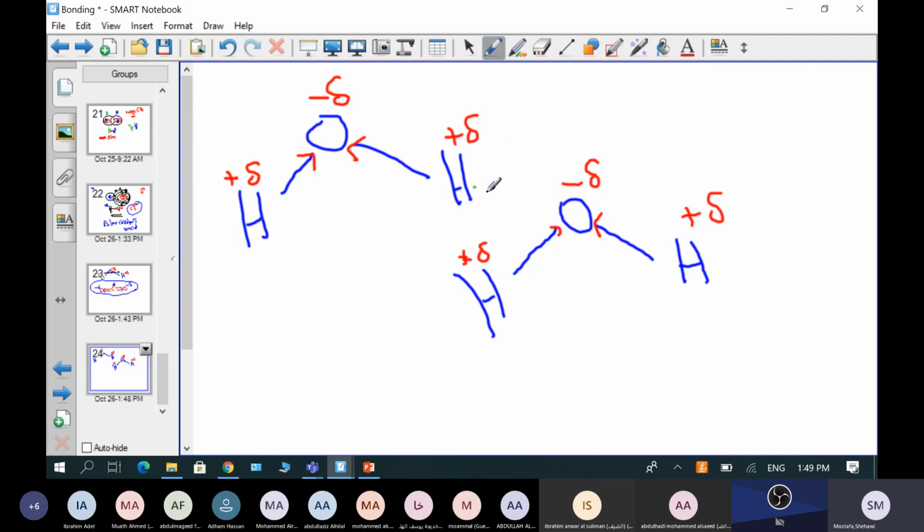Like this. This dashed line represents the hydrogen bond between the partial negative charge on the oxygen atom of one water molecule and the partial positive charge on the hydrogen of another, neighboring water molecule. And the same applies for another molecule. If I draw another molecule for you, it will be here, oxygen, and another hydrogen, and another hydrogen here.